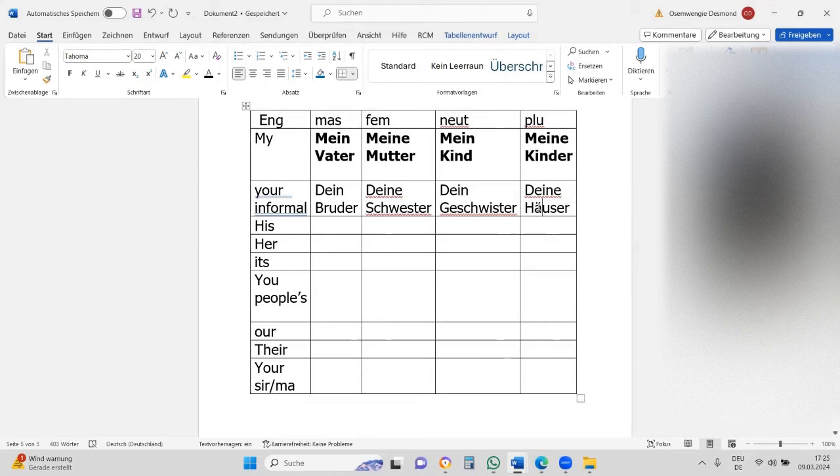When you have the A umlaut and U, it's pronounced like "oil," just like the EU. So it is plural, means houses.